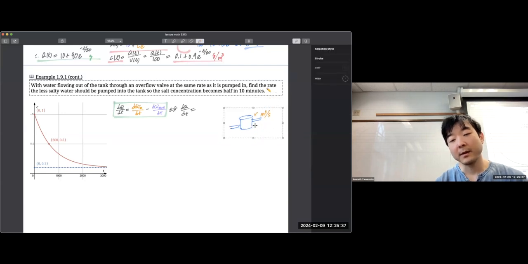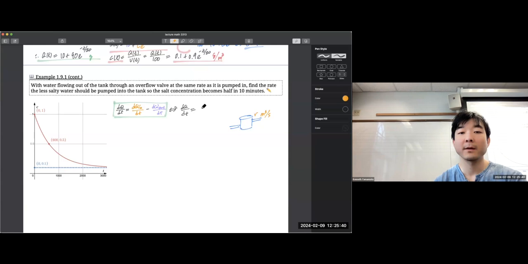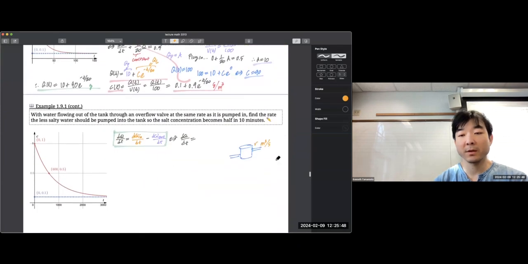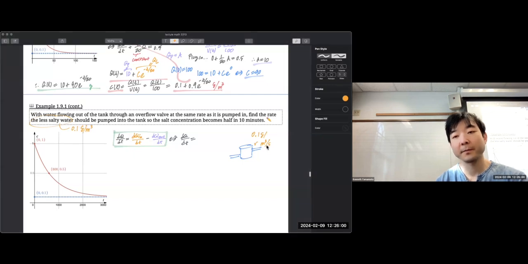Okay. And let's have the same concentration, 0.1 grams per meter cubed. So everything is still the same, 0.1 grams per meter cubed. So find the rate, the less salty water. This less salty water is still 0.1 grams per meter cubed.